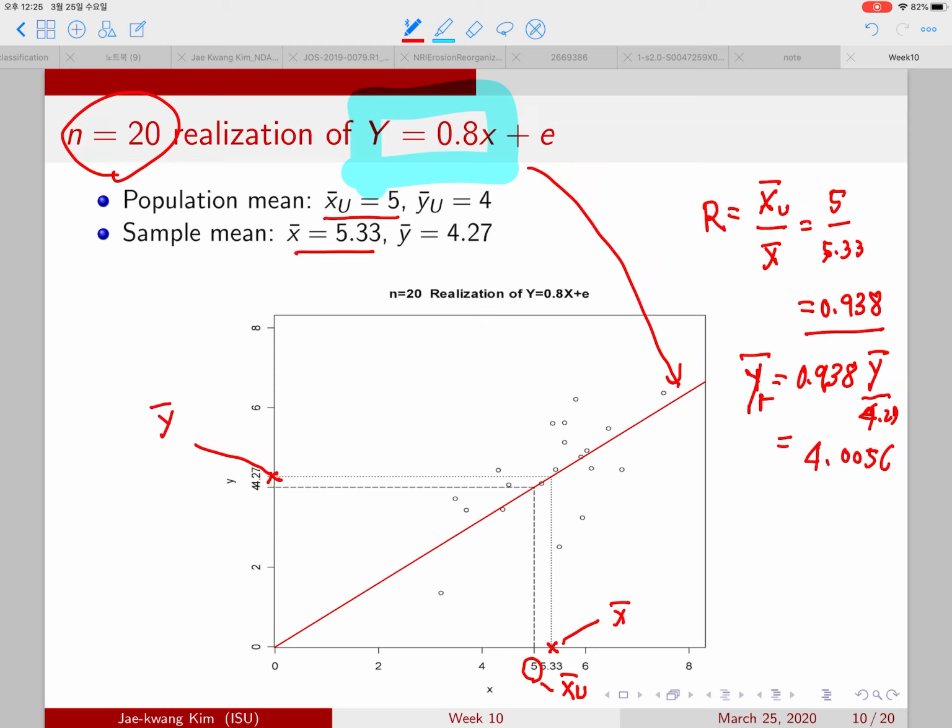If you do the computation, you end up getting this. So your ratio estimator is really close to the population mean, which is 4.